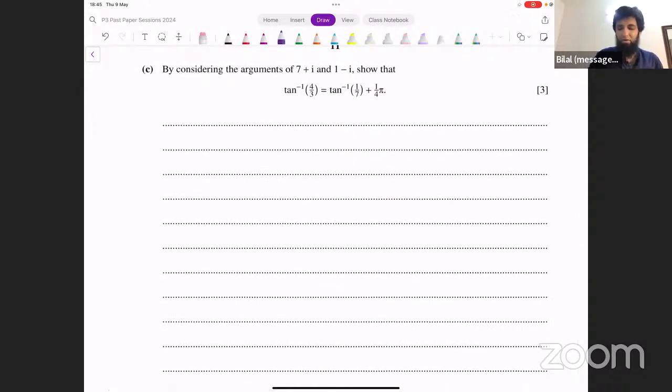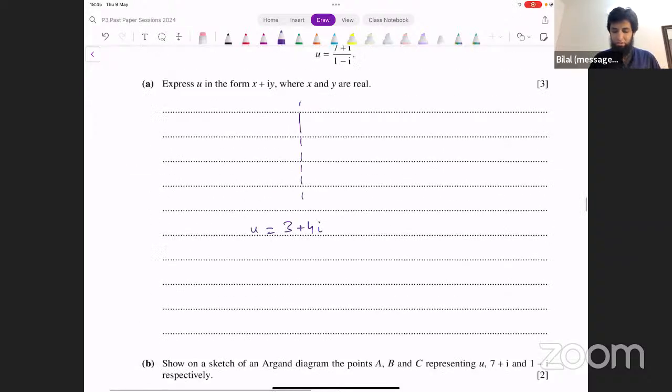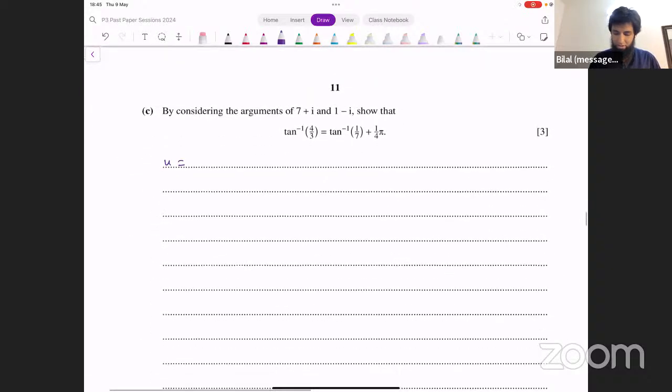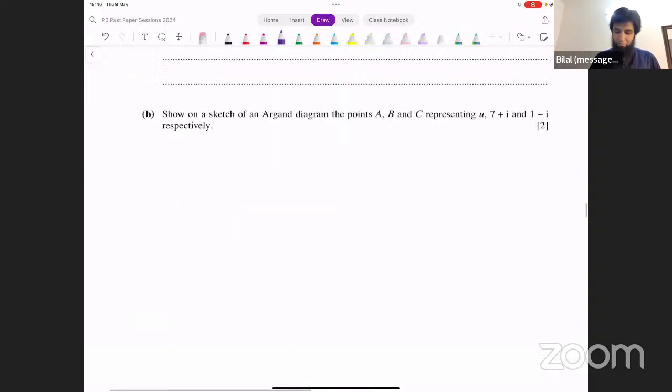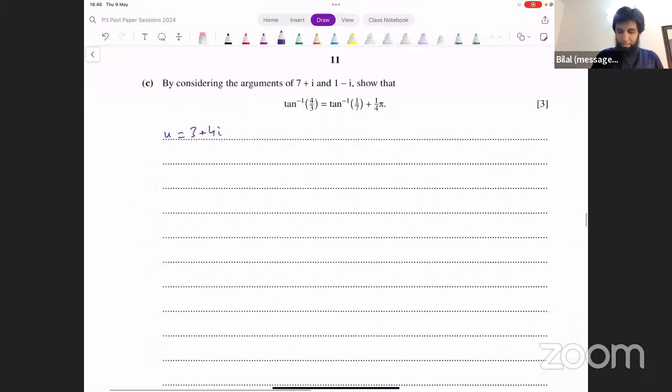Now, let me explain how. So one number that you have is u, which is 3 plus 4i. Is that relevant here? Yeah, we've got 4 over 3 here. Okay, so u is 3 plus 4i. And another number is 7 plus i, and another number is 1 minus i. Can we find their arguments?